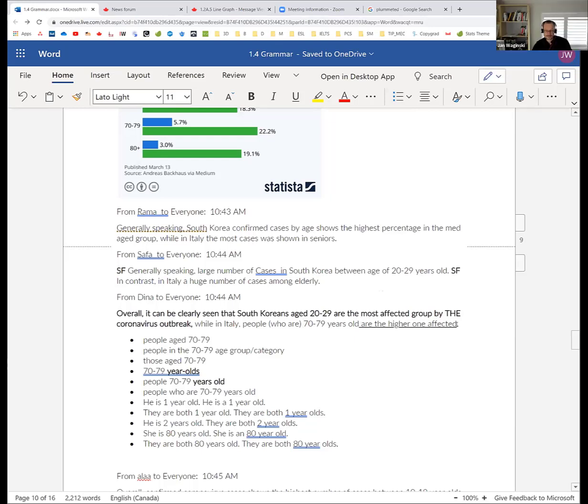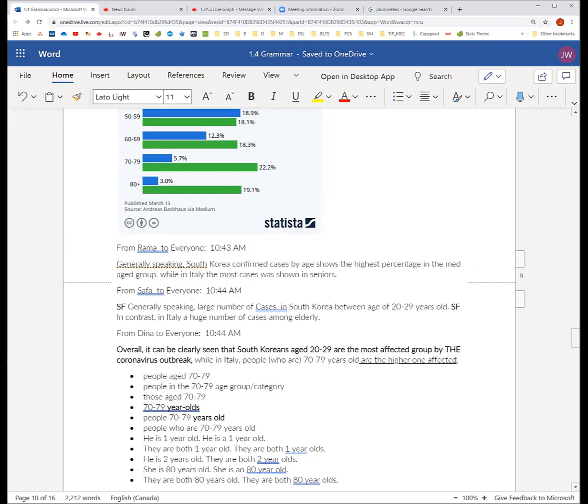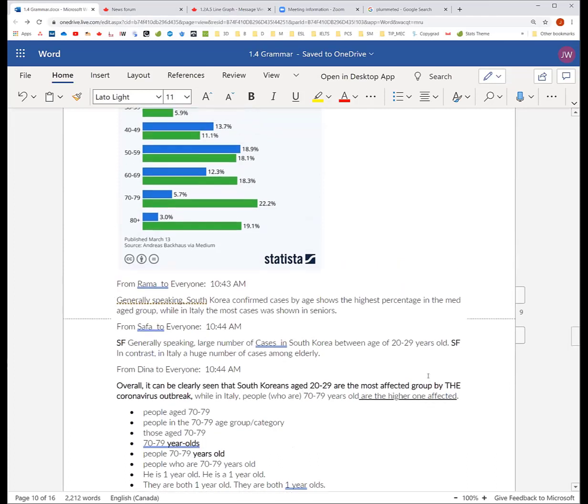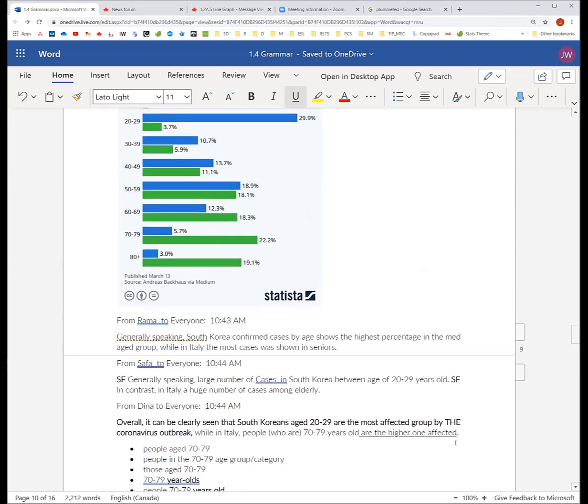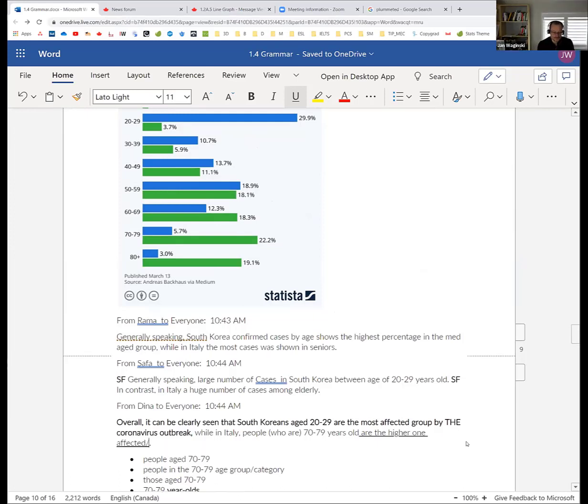Are the higher one affected? Are the highest group affected in Italy? I would say are the most affected group. Because I wrote, yeah, I know. The first one I wrote the most affected. Are the most affected group. What's another way if you wanted to use the same thing?